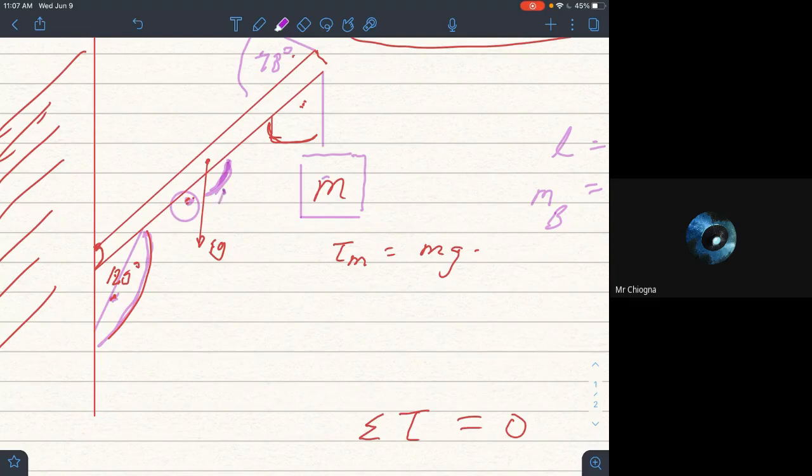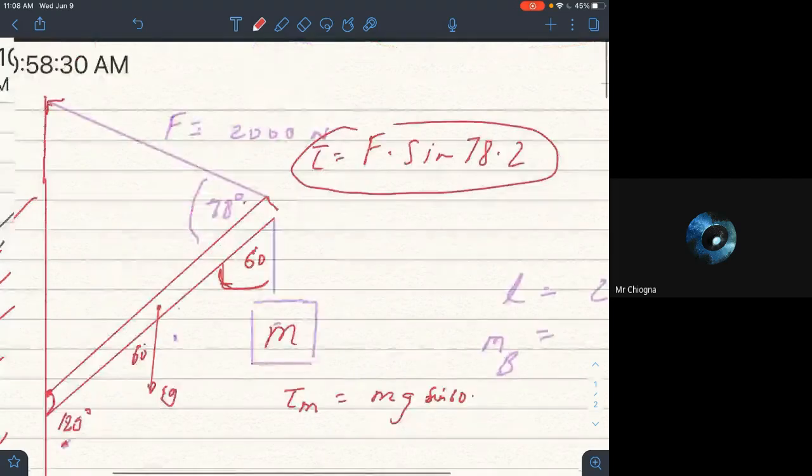This one's 120, so this one here must be 60. So this one's 60. That's the trick. That's messy. Okay? Part of the trick. So this becomes mg times the sine of 60 times the full length, which I said was 2.